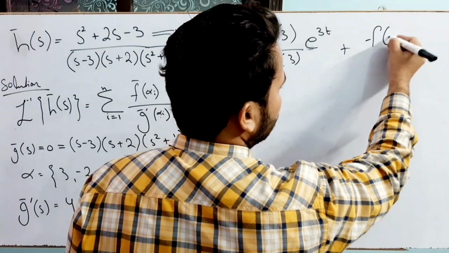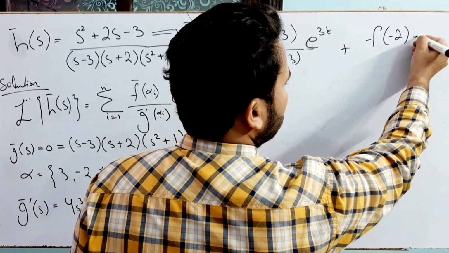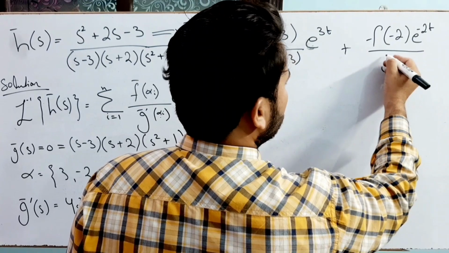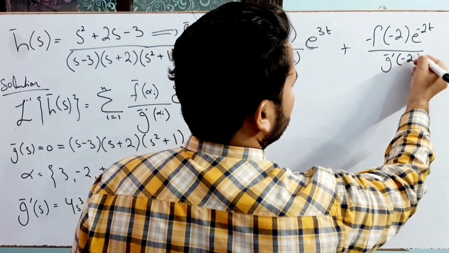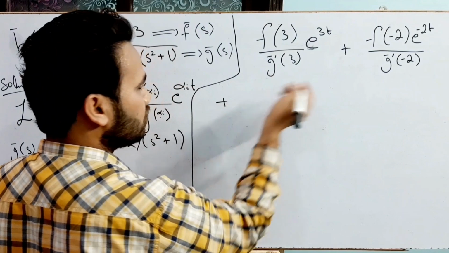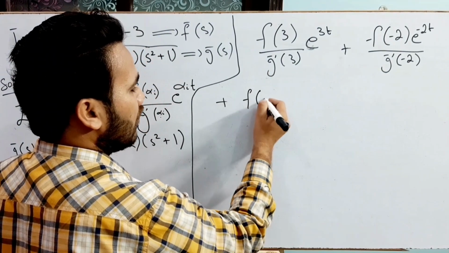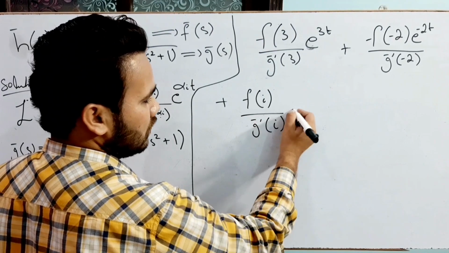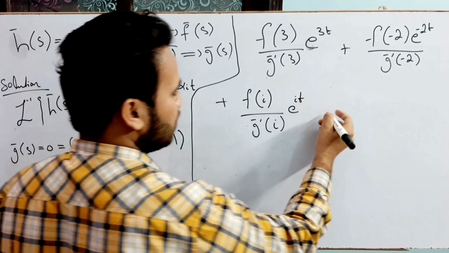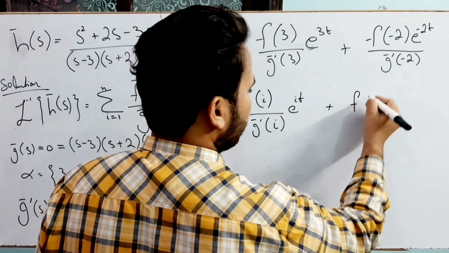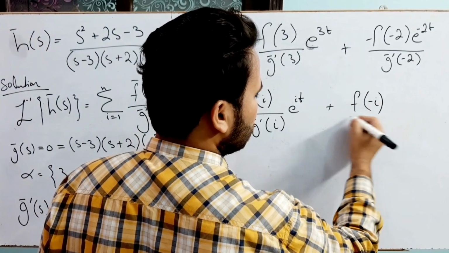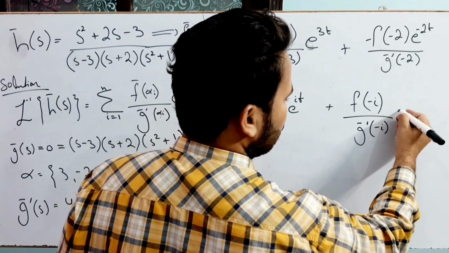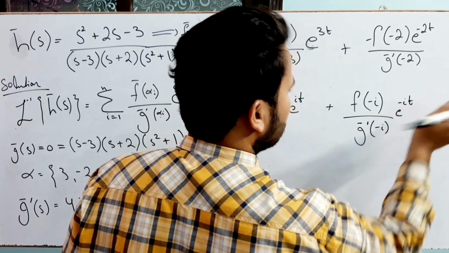Then f of minus 2 e power minus 2t divided by g bar prime of minus 2, plus f of iota divided by g bar prime of iota e power iota t, plus f of minus iota over g bar prime of minus iota e power minus iota t.